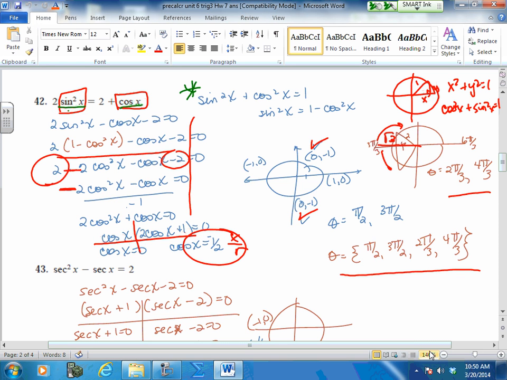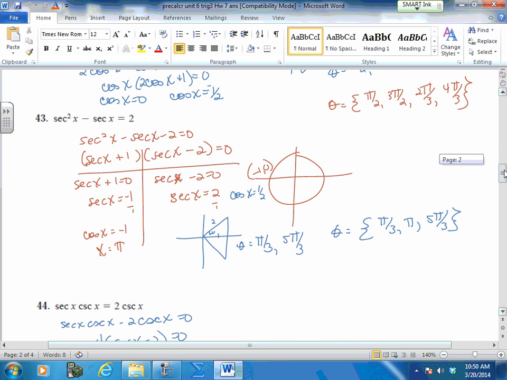So if we solve it for sine squared, we can now take this out and replace it with how we solved it in terms of cosine. And then everything is cosine. And then the rest is, distribute, collect like terms, factor it. You're back on track. Questions? No. Good? All right.